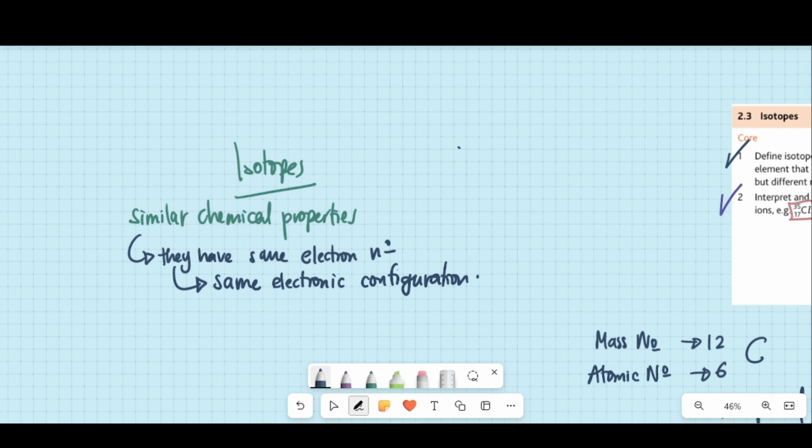So in a nutshell, they have the same chemical characteristics, because they have the same electron number and the same electronic configuration. You can also add the same valence shell electron. Valence, oh my god, is it with an A or an E? I always keep getting confused. Valence electron, all right?